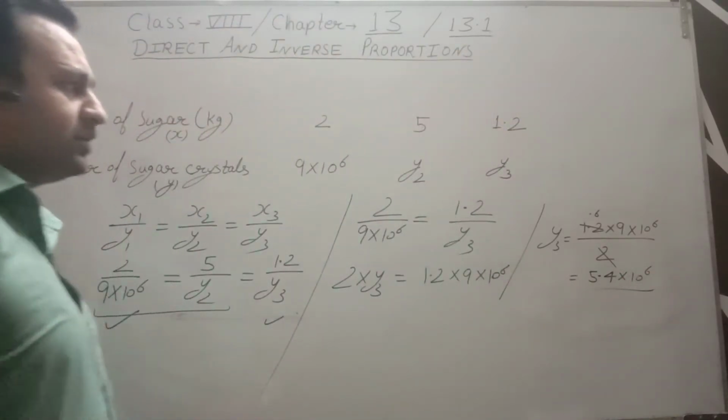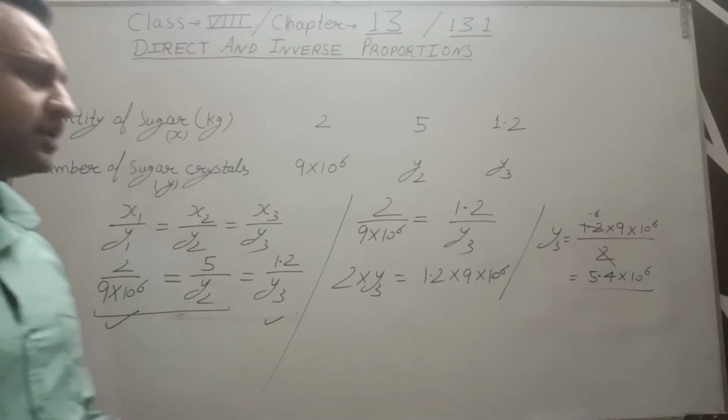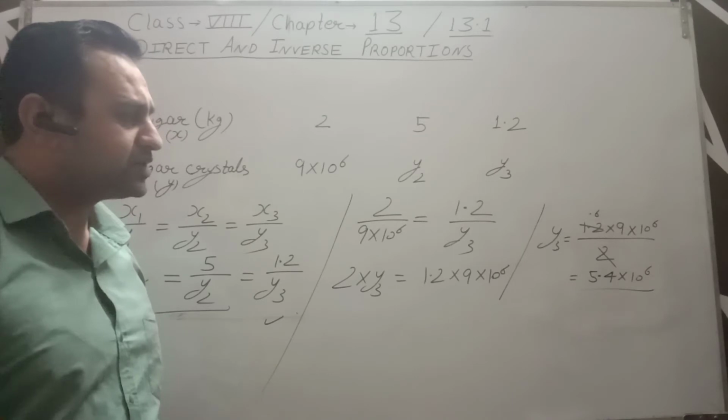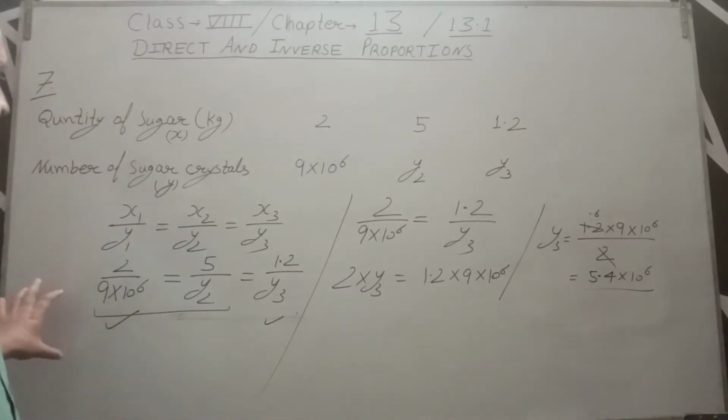So if there is 1.2 kg sugar, then the number of crystal particles is 5.4 into 10 to the power 6. I hope question number 7 is clear. Just note down.